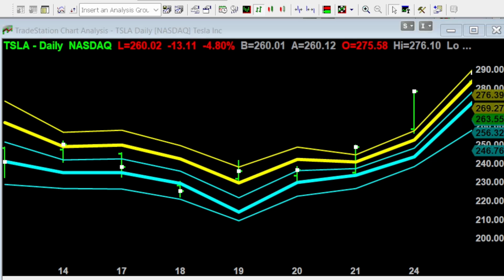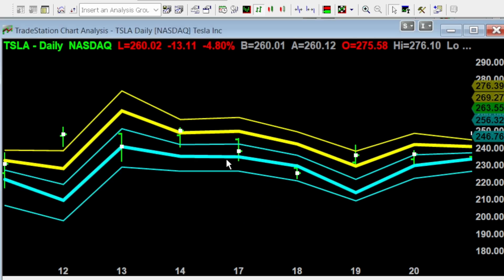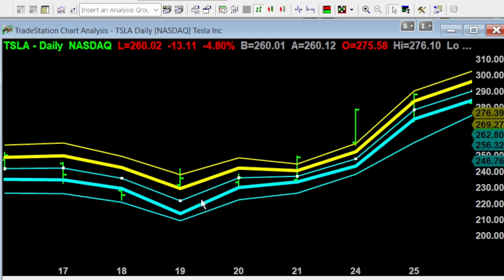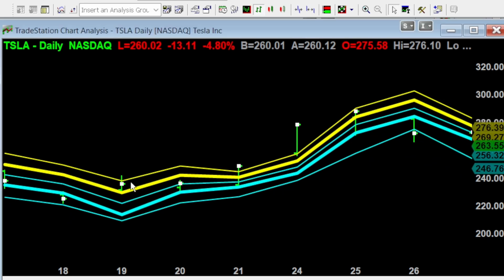So if you know this kind of trend lines, the actual fluctuation of the stock price is among this top yellow trend line, resistance line, and the bottom blue support line. And also if you know this kind of trends, basically you can manage it to earn more profit.